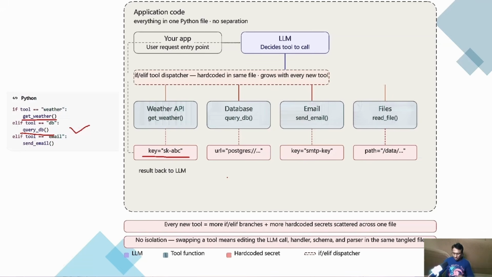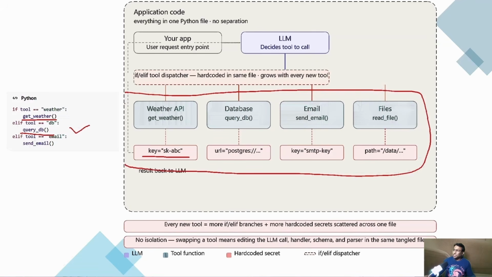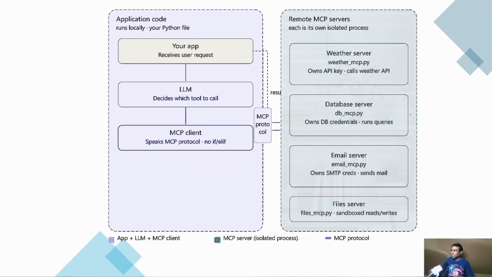MCP fixes this by moving the complete tool call logic to its own remote process. That remote process we call an MCP server. The complete tools logic is moved from the application code to the remote servers.